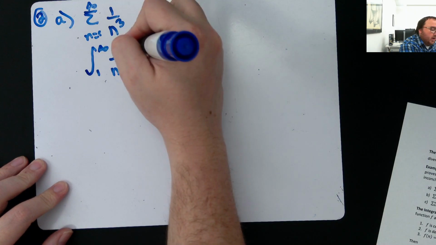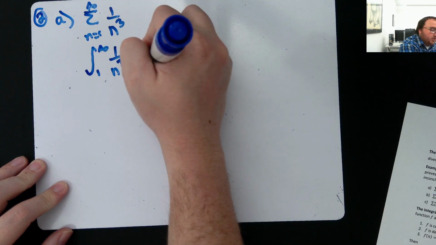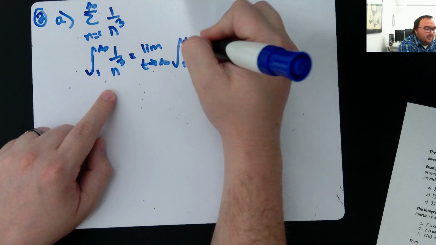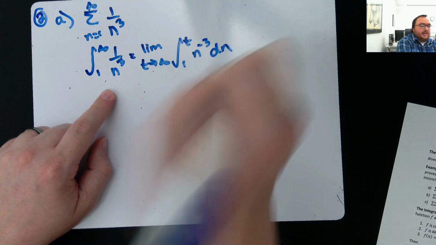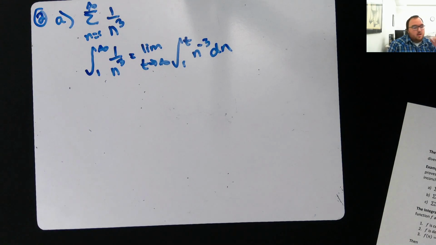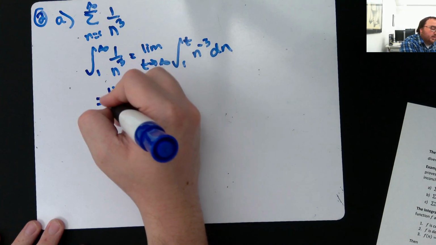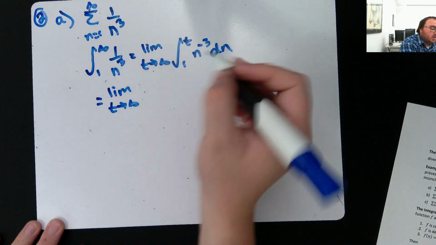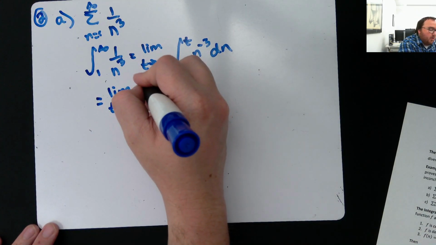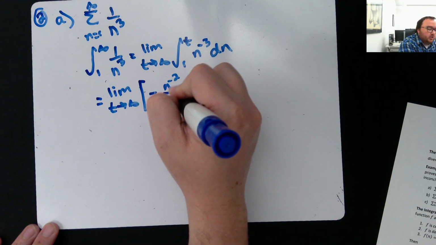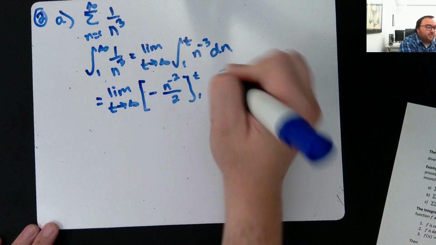This we can't do directly, so we're going to have to do the limit as t goes to infinity of the integral from 1 to t. This is like saying n to the negative third, dn. So add 1 to the power gives us negative 2, divided by that power, which gives us negative n to the negative 2 over 2, from 1 to t.